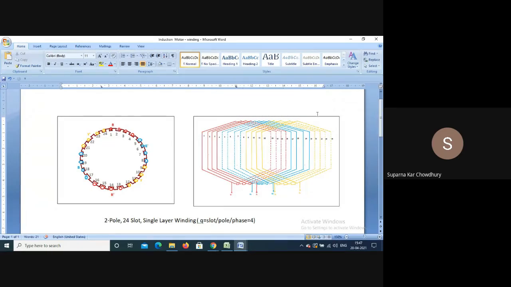I'm not going into the winding details very much, because when you undergo the induction machine design class, it will be understood better when we design the winding. So this is just the explanation of how the poles are created, because we do not have projected parts for poles.